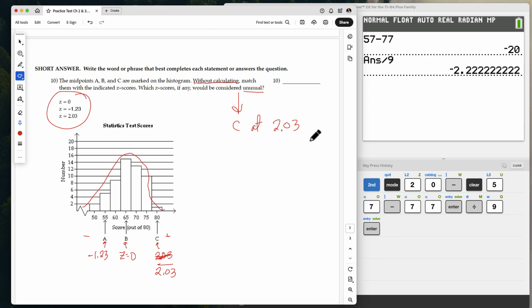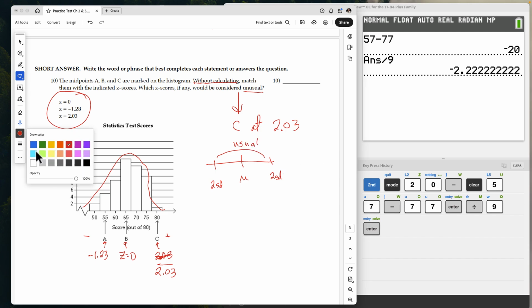And if you remember from the lecture, which is okay if you don't, we talked about if you're around the mean and you get 2 standard deviations above or 2 standard deviations below, everything in this area would be considered usual, and anything outside of this is what we consider unusual.